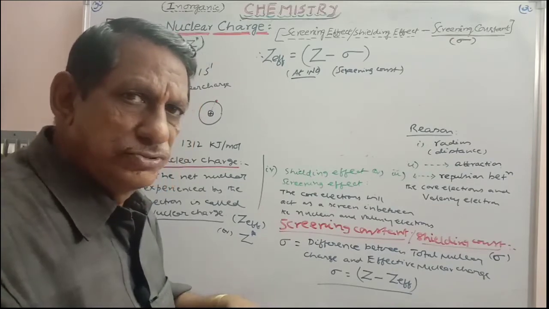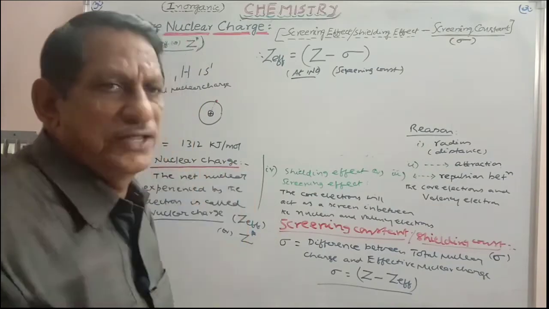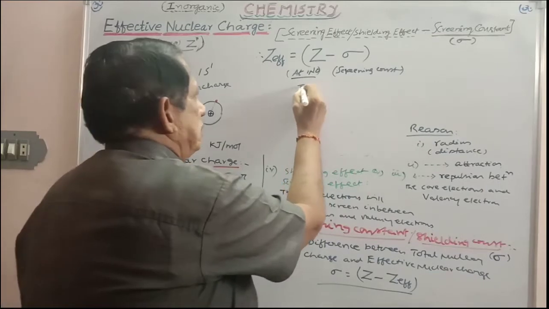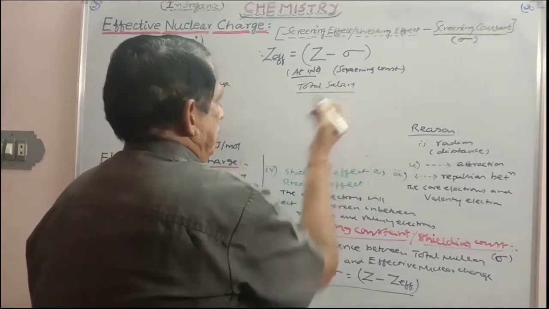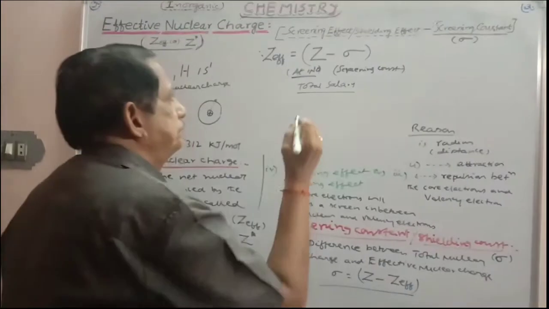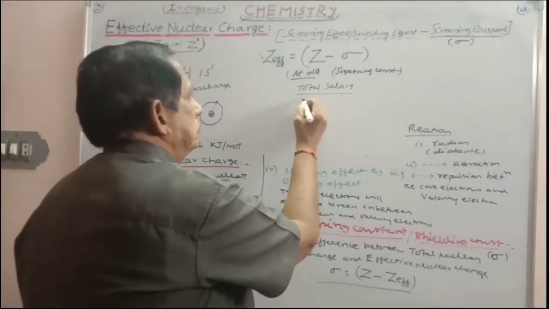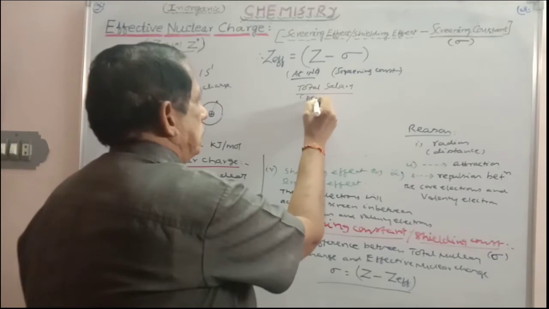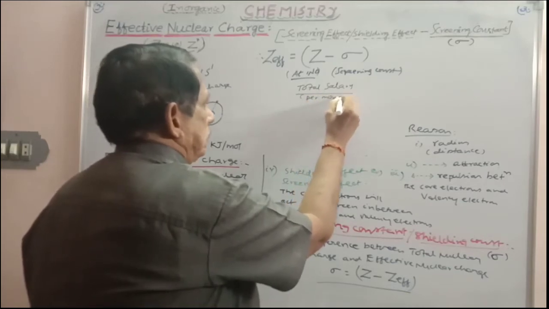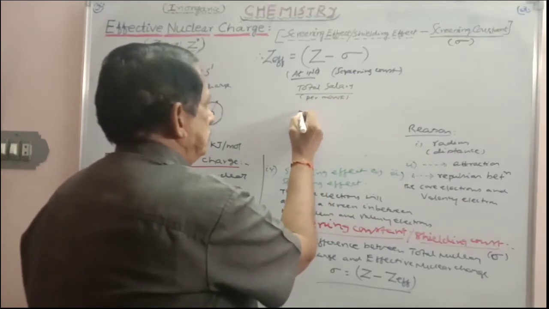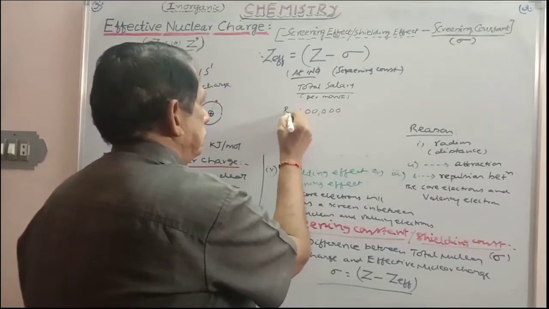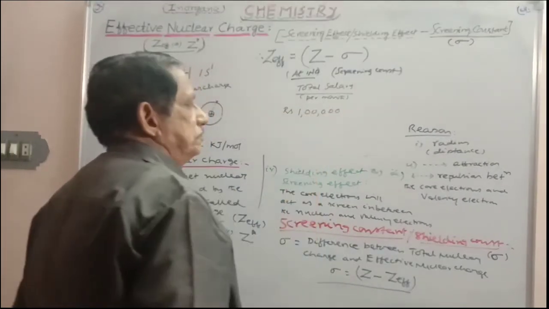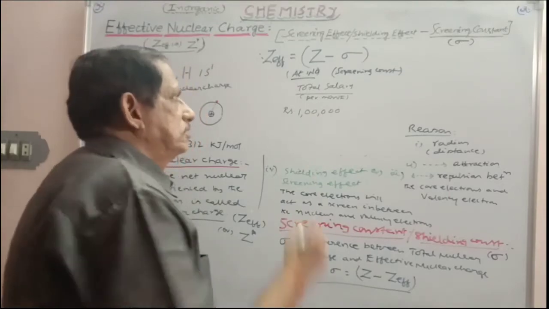Let us suppose that is the total salary for an employee per month. Let us suppose that this is 1 lakh rupees. This is the total salary.